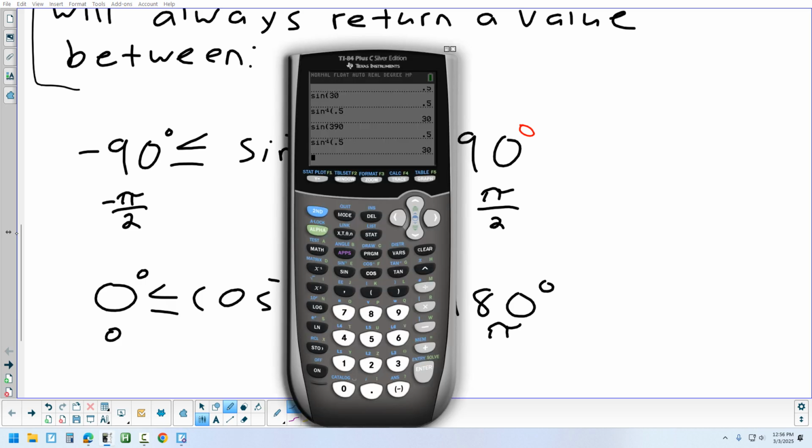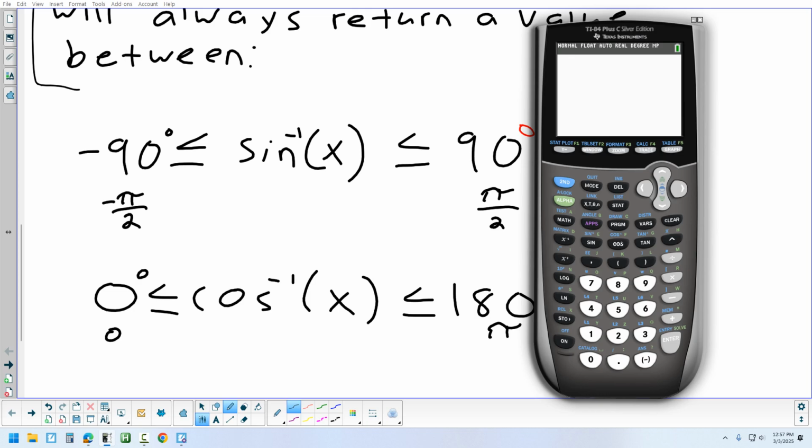All right, so let's say I did the cosine of 40, and then I did the cosine of 400. They come out exactly the same. When I do inverse cosine of 0.7660, good enough, what number is it going to give me back?